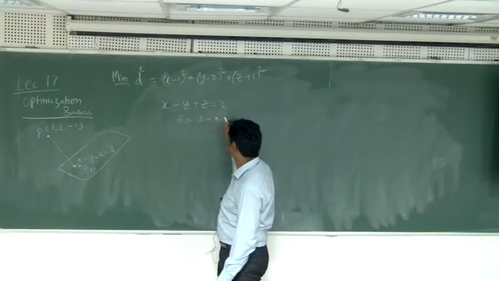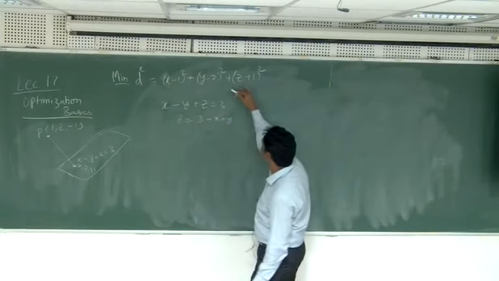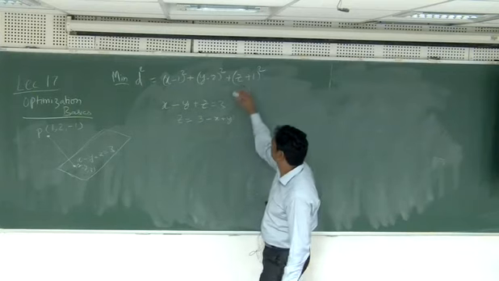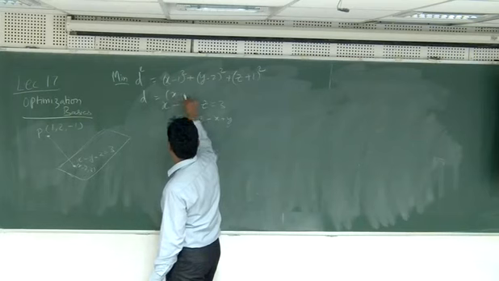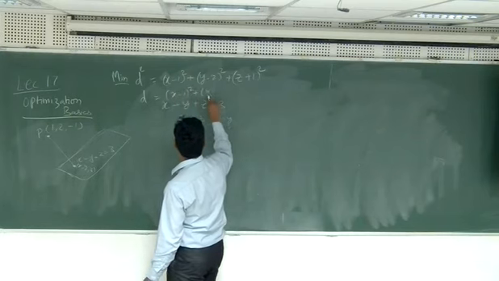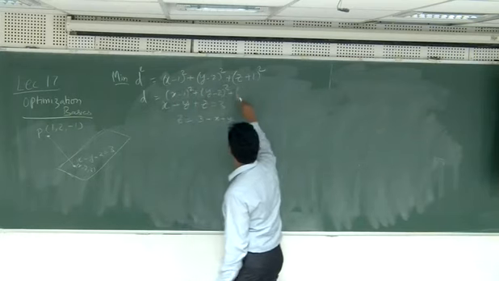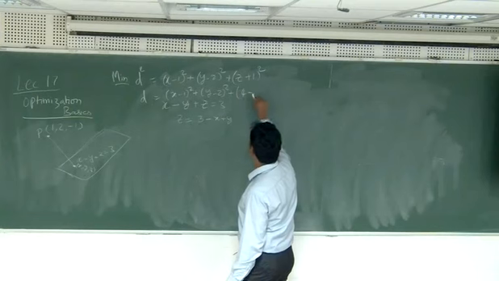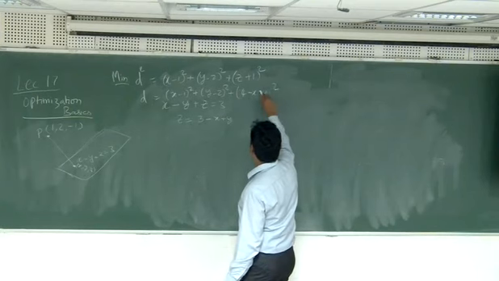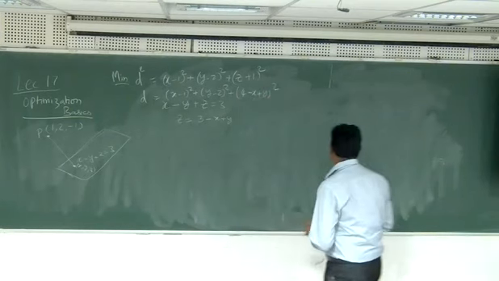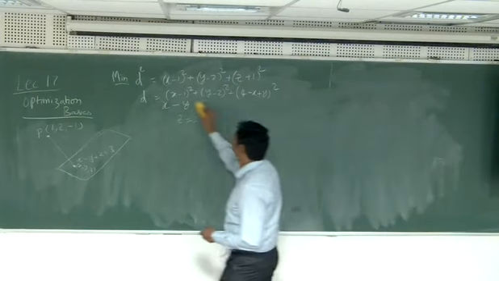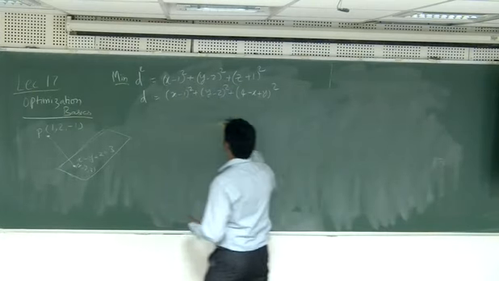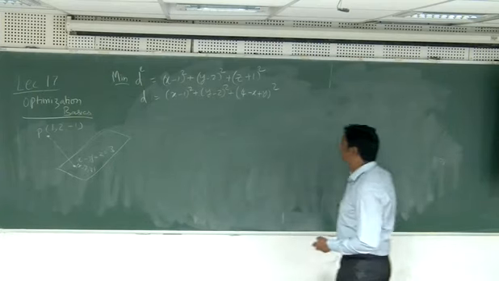Yeah, 3 minus x plus y, and this 1 will add and it will become 4. So I can write x minus 1 square plus y minus 2 square plus 4 minus x plus y square. So even if I eliminate one variable, I have another variable. So what is the next step here?